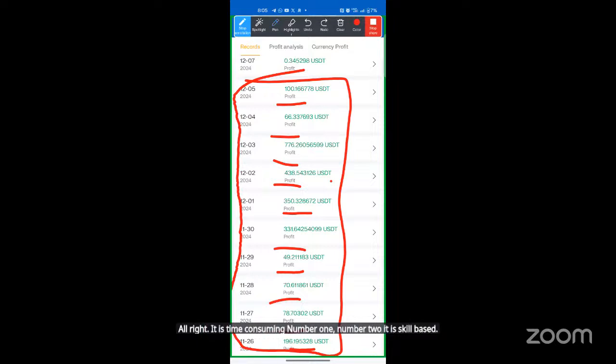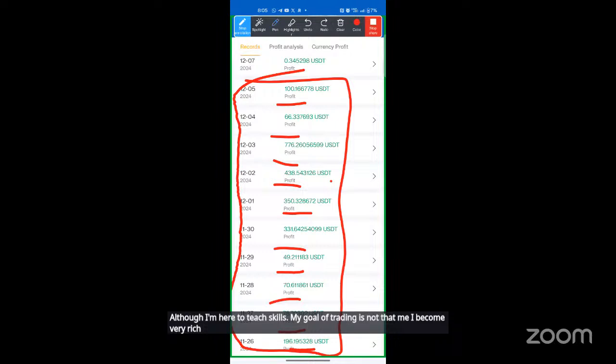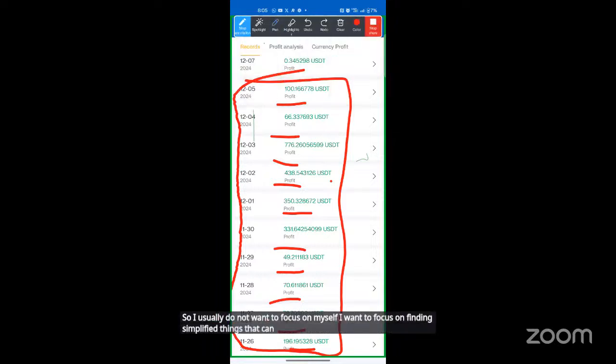Although I'm here to teach skills, my goal of trading is not that I become very rich. My goal of trading is to find simple ways that can enable so many people become very rich. So I usually do not want to focus on myself. I want to focus on finding simplified things that can enable people to make money.